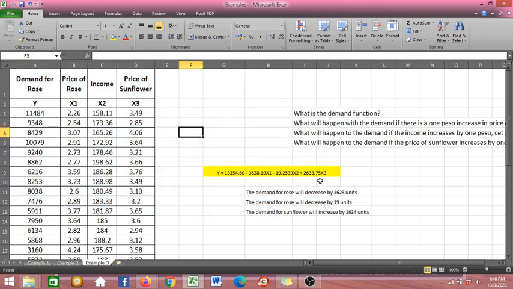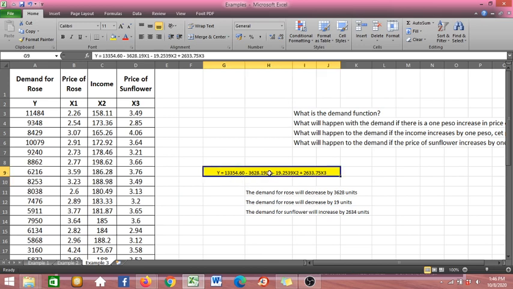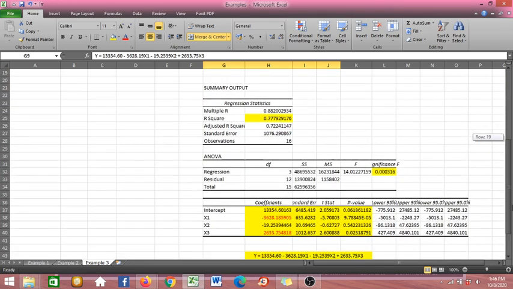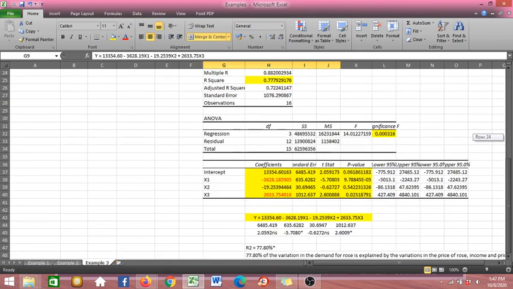So, if later on, you are asked for the value of y given x1, x2, x3, like what we did in simple linear regression, we just need to substitute the values here to solve for y. Okay, so I think that's all.